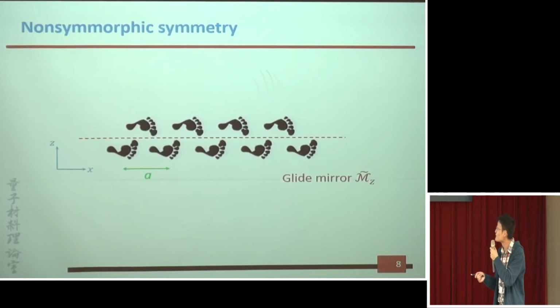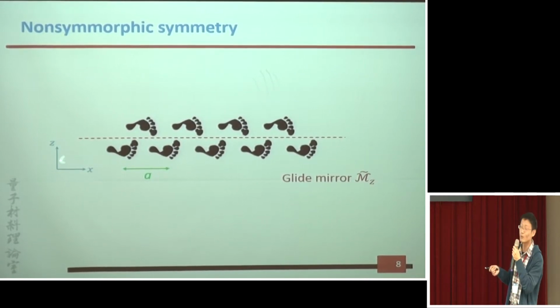For this non-symmorphic symmetry, I just show one simple example. This is the so-called glide mirror. This kind of pattern itself does not have a mirror symmetry. But if you do a mirror operation, followed by a translation by half of a lattice constant, then the pattern will cover itself. So this is the so-called glide mirror.